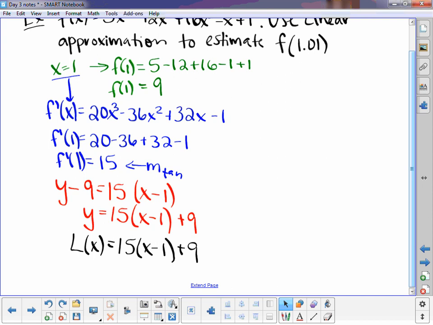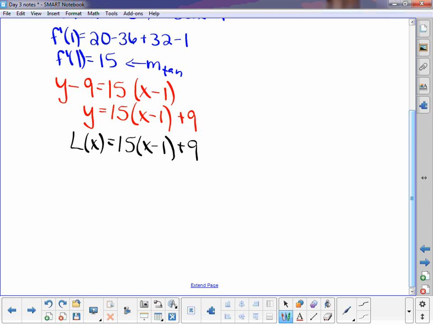Okay, so now we have the equation to use to approximate it, so what do we do? We're ready to approximate. How do we approximate? Yeah, we want to approximate at 1.01, so let's go ahead and actually do our approximation at 1.01. 15 times 1.01.